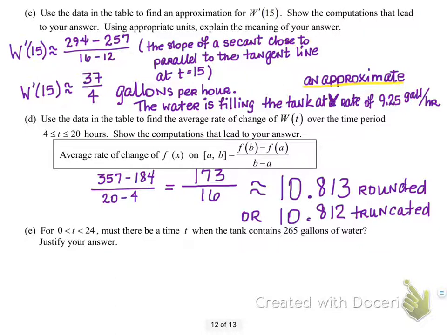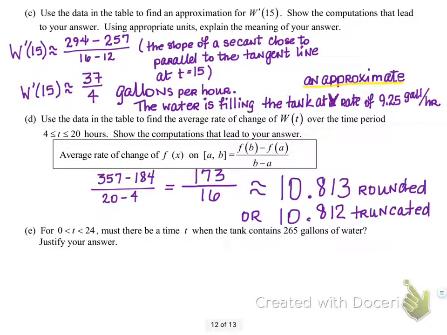Rounding is something you are hopefully familiar with. If you are not, you need to let me know if you do not understand how I got 10.813. Truncated means you just lop off whatever's after the third decimal in this case.